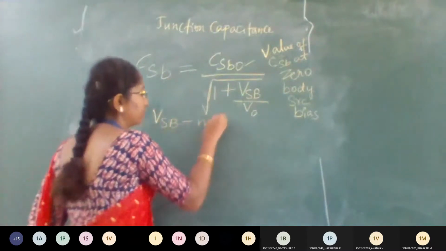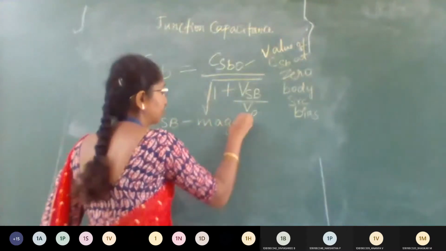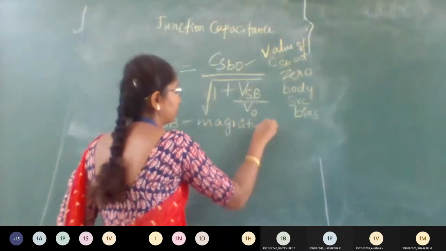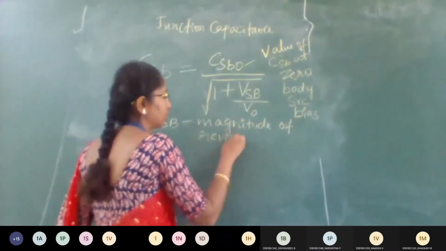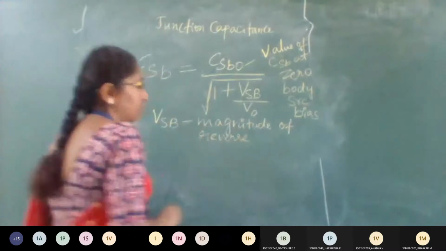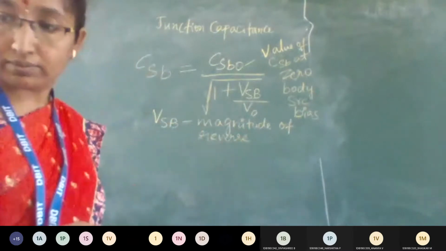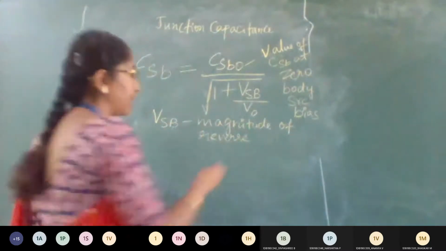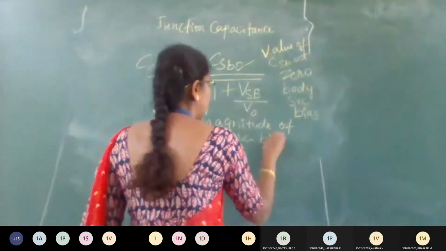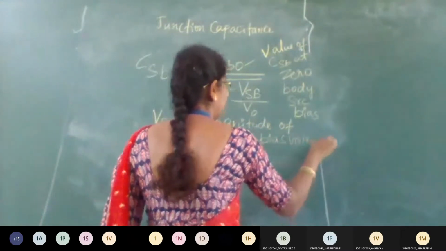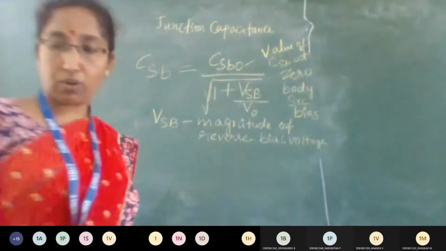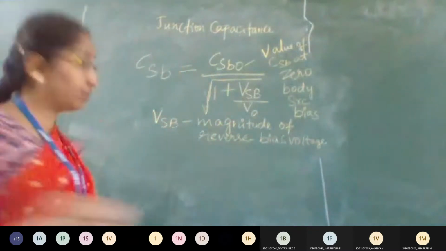This reverse bias voltage varies from 0.6 to V0.